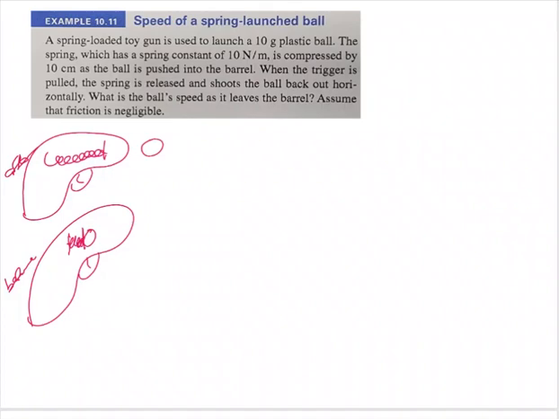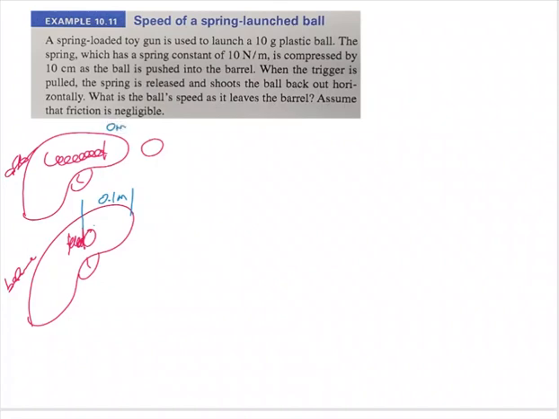Okay, so here we have some information that was given to us. We got to kind of put that on here. It said the spring, which has a spring constant of 10 newtons per meter, is compressed by 10 centimeters. So here to here, we're compressed 0.1 meters. Okay, when it's released, we had 0 meters here.